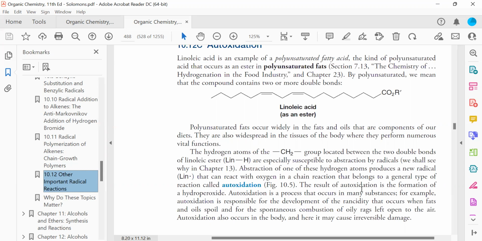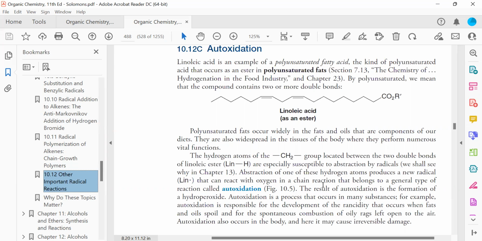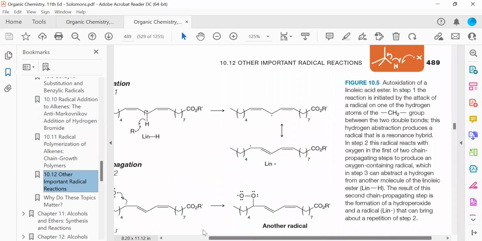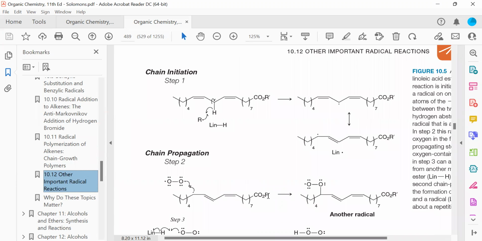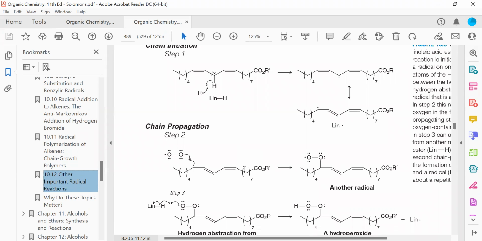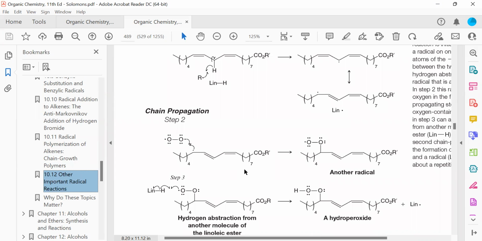It is also an example of the aging process, or when you have oil spoil, and so on. For that reason, whenever we have food products, we want to prevent this kind of auto-oxidation that promotes spoilage of food.